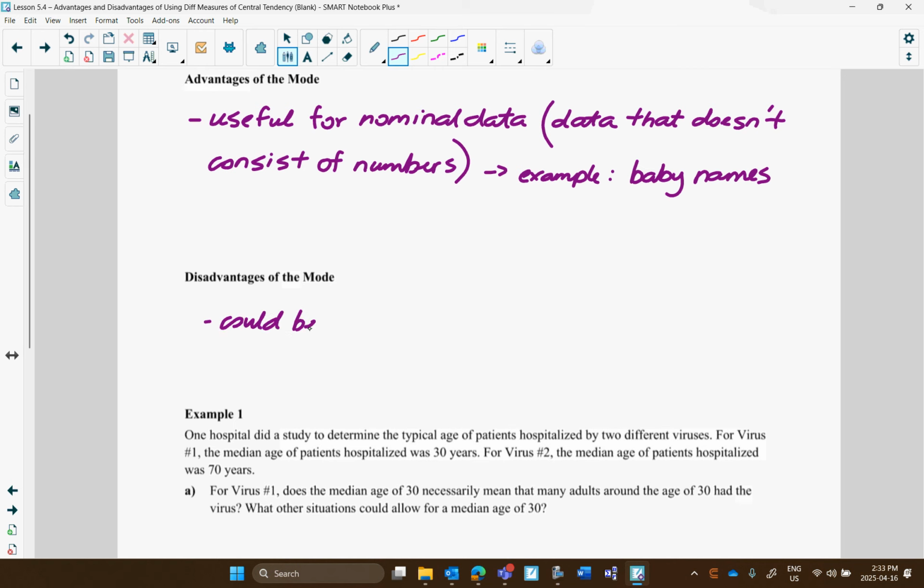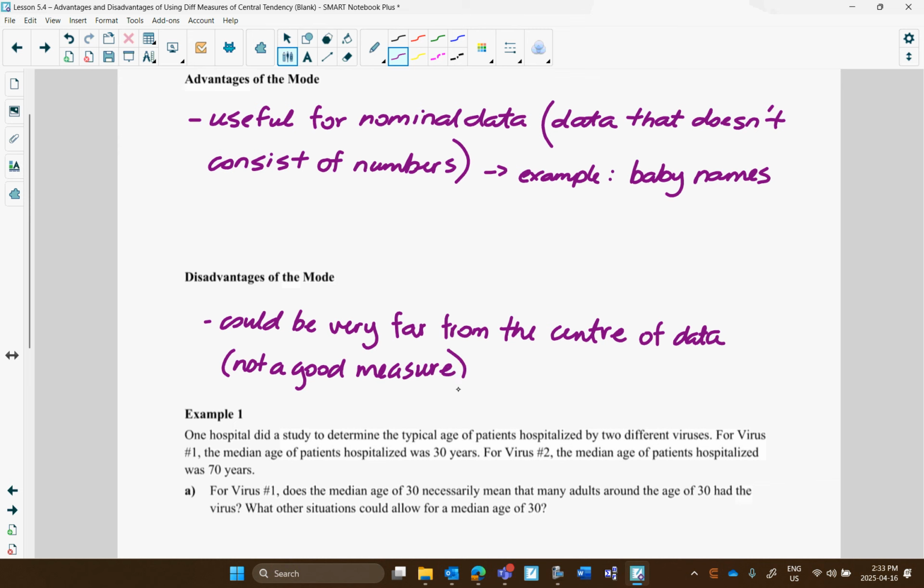Big disadvantage, it could be very far from the center of data. Which really means, for numerical data, numbers, it's not a good measure. It's kind of hit and miss.